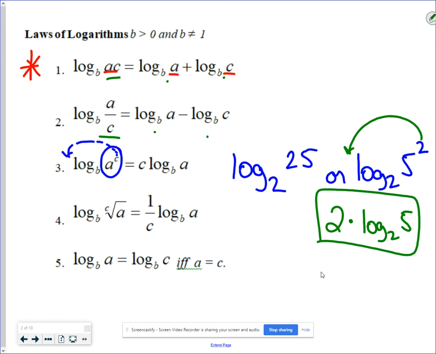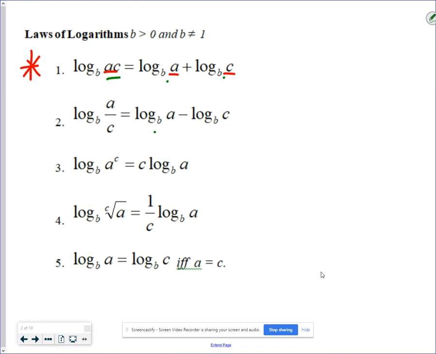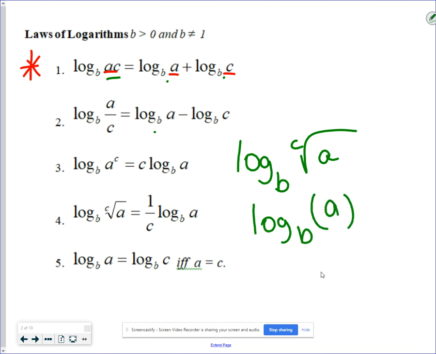And I said rule 4 is the same as rule 3 because, remember, when you have a radical, you can rewrite it as a power. Over here we got log base b of the c root of a. Well, I can rewrite that as log base b of a to the 1 over c power.